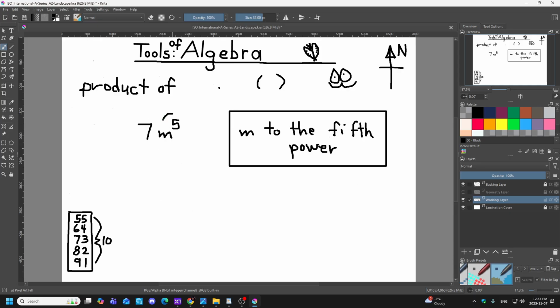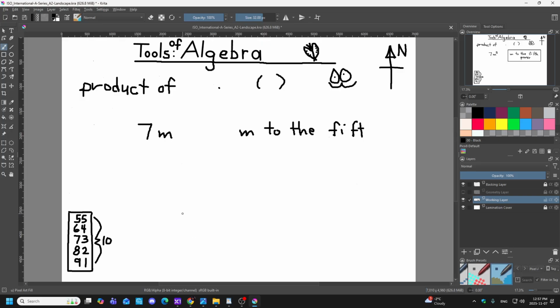Once we solve this, then lastly we'll multiply our result by 7. Okay? All right. Let's try a couple more quickly. I'll leave that. That's fine.